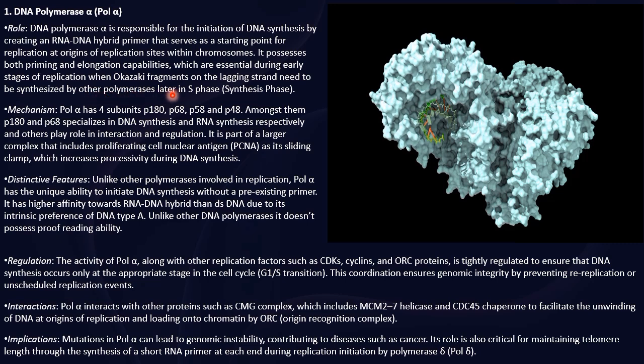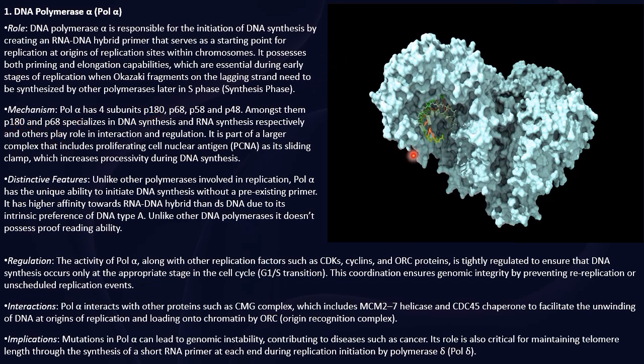The mechanism behind it is pretty interesting. Pol alpha has four subunits: P180, P68, P58, and P48. Amongst them, P180 and P68 specialize in DNA synthesis and RNA synthesis respectively.